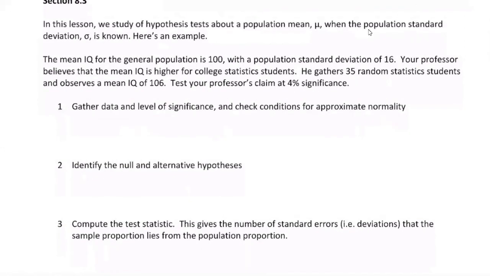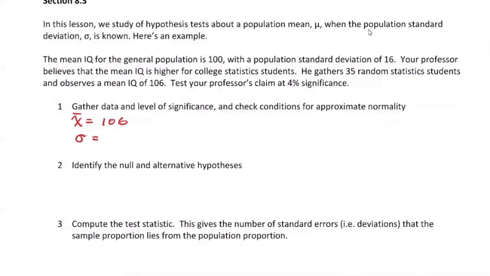Okay, so the very first step says to gather the data and the level of significance and check conditions for approximate normality. So you're going to need this x bar, which is the mean from the sample. And it says it's 106 from the sample. So x bar is 106. We'll need a population standard deviation.